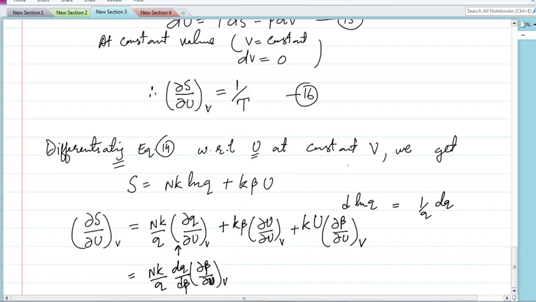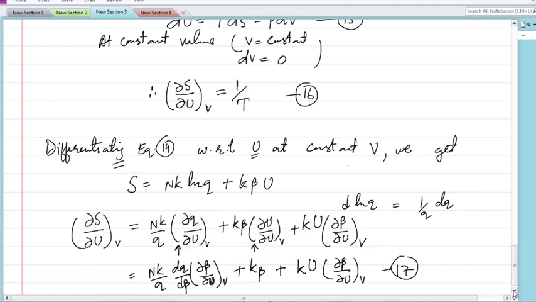What we have done is simply multiplied the numerator and denominator by dou beta. Plus it will be simply equal to k beta, this term, plus kU, and it will remain as such, dou beta upon dou U at constant volume. Suppose this is equation number 70.